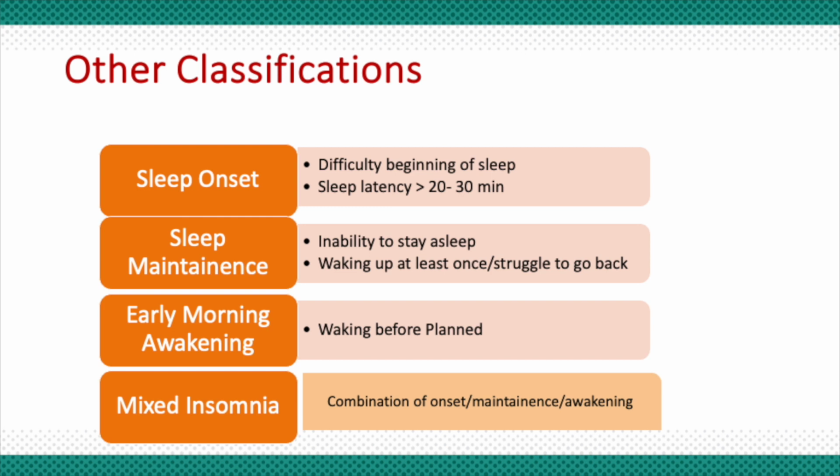Basically a patient who finds it difficult to start the sleep, who has a longer sleep latency, more than 20 to 30 minutes in bed and is unable to sleep, would be sleep onset. Sleep maintenance would be patients who get up in the night and when they want to go back to sleep they're not able to sleep. Early morning awakening patients do not want to wake up as early as they do, so their sleep breaks and they would say that they sleep well but they have to get up at 2 a.m. and 3 a.m. in the morning. And mixed insomnia would include most of these combined together.